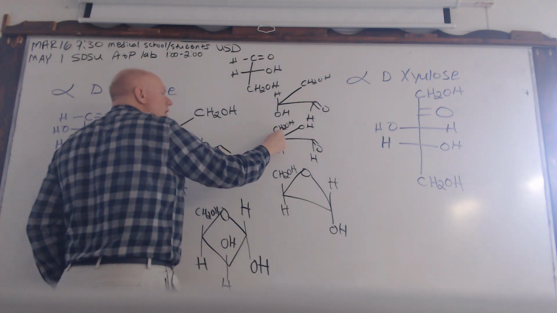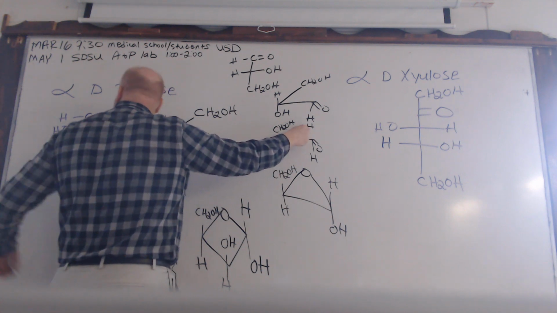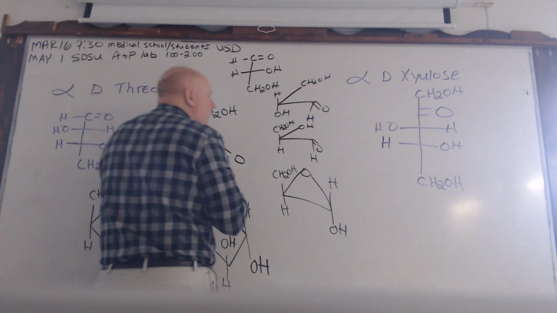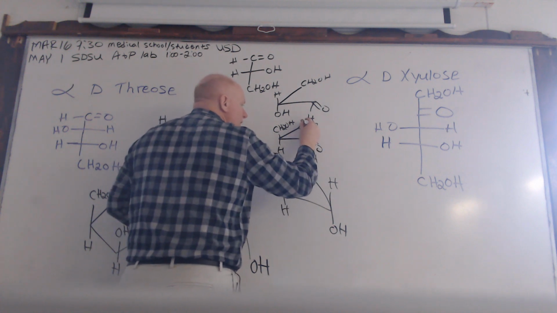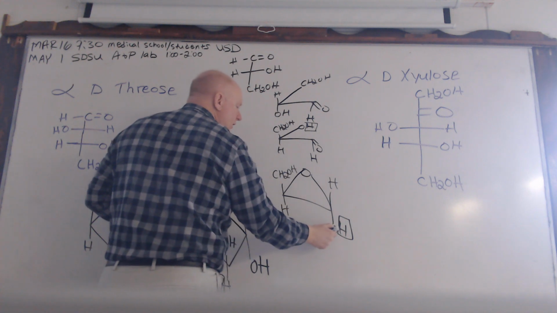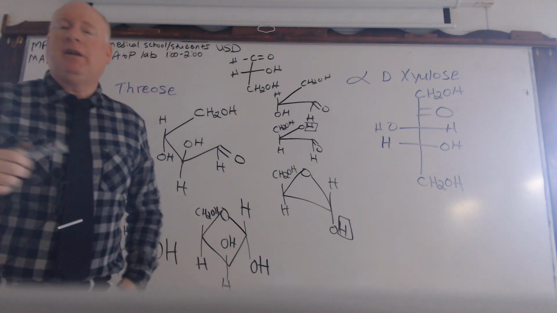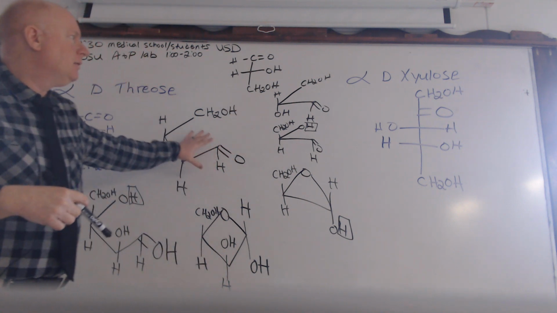CH2OH is over here, hydrogen's on the bottom, and OH is out on the end. This hydrogen then goes down here and breaks that double bond, and now it's attached to that OH group. We went through and explained that a lot faster than how we went through here.